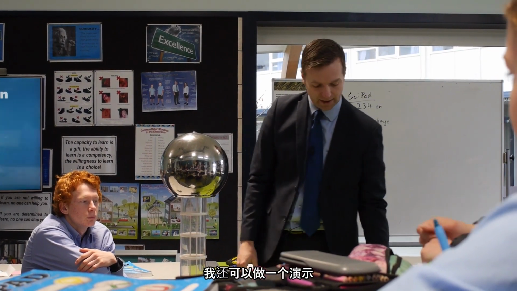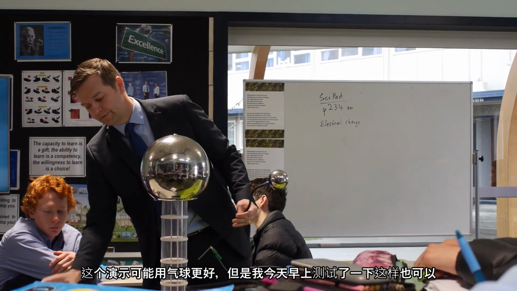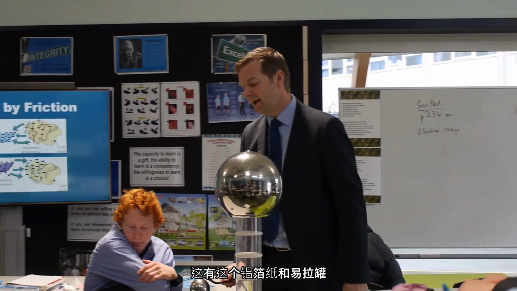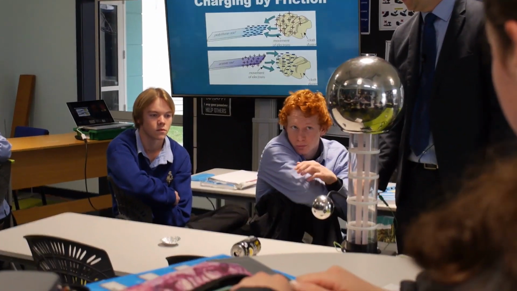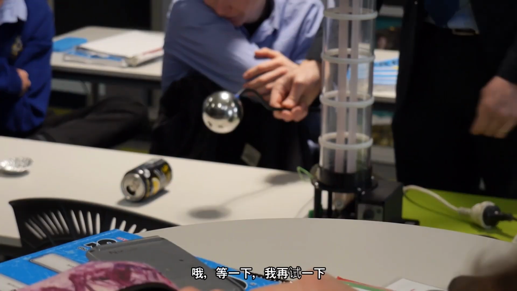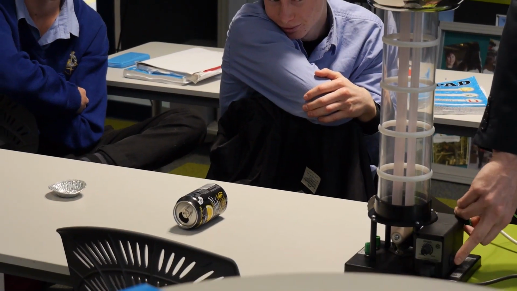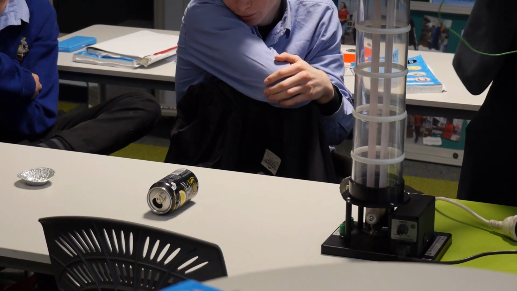All right? And there's one more I can do here. This one actually works better with a balloon, but I tried it this morning and it worked. Okay? So I've got this aluminum can here. And if, oh, sorry. Try that again. I'm just going to discharge that so I don't, okay.